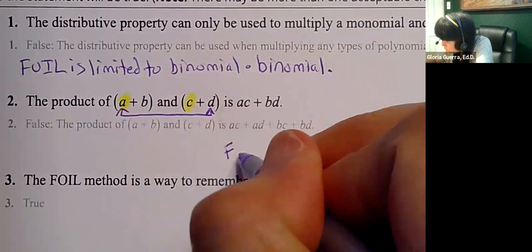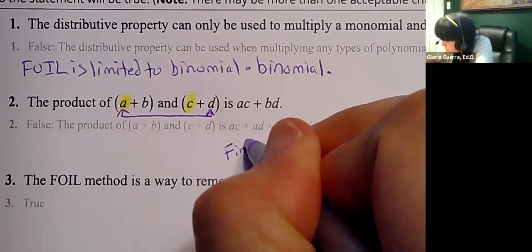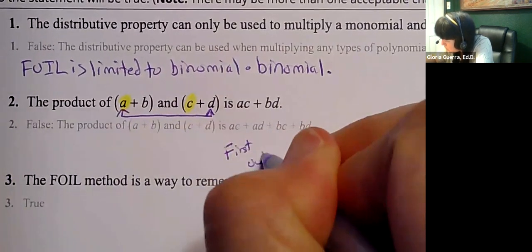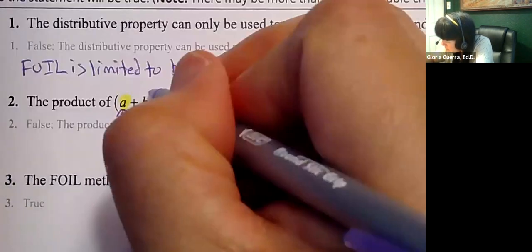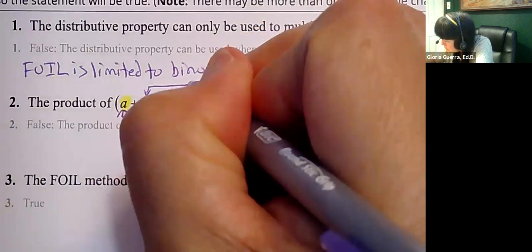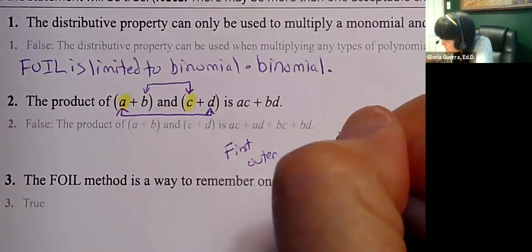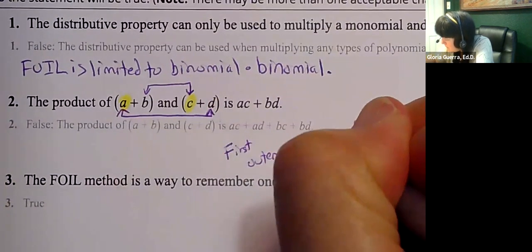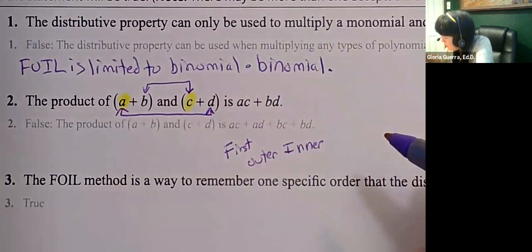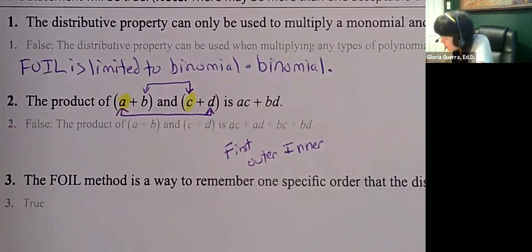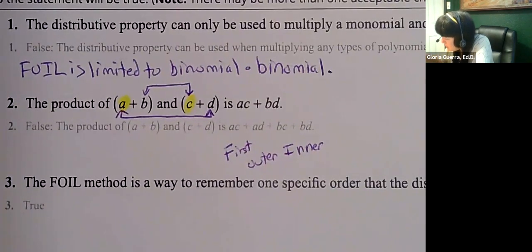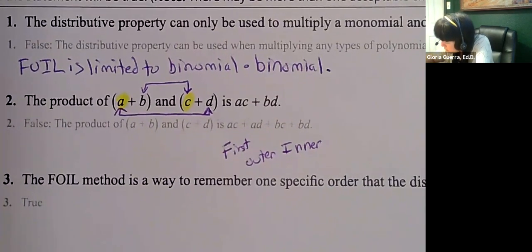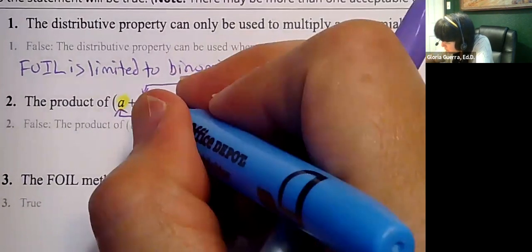So that's like first and then outer and then plus B times C. So that's inner, and then last, which is B times D, positive B times positive D.